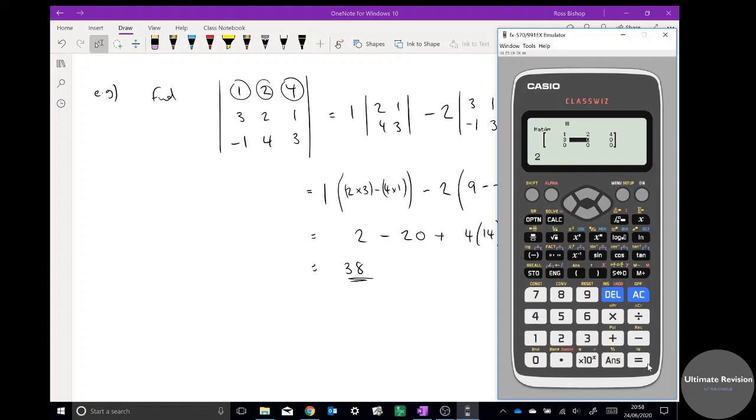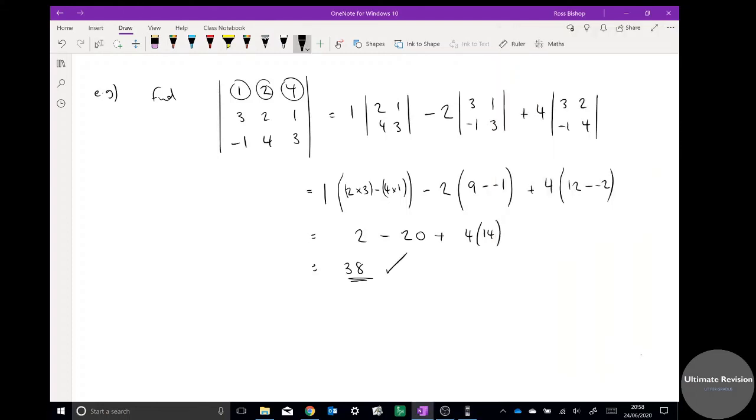But remember, the calculator will only do numeric matrices. Any with an unknown, you have to do longhand. Okay, so I've got that matrix in there. I can clear it. I go option, go down, determinant of mat A, and fingers crossed. It's 38, good, it's always a relief. So I am right there.